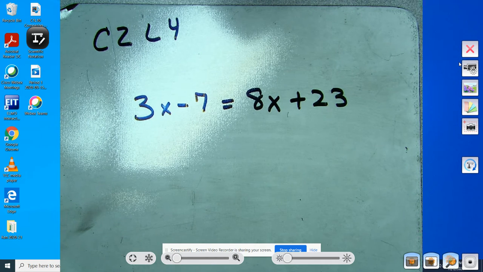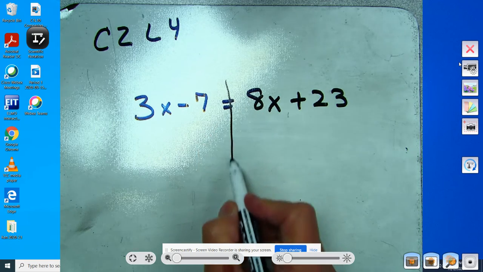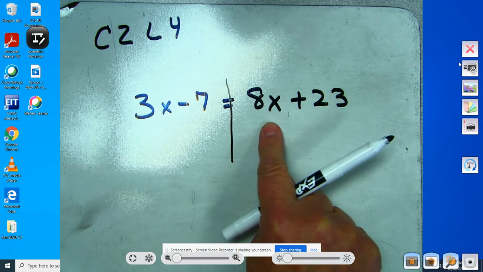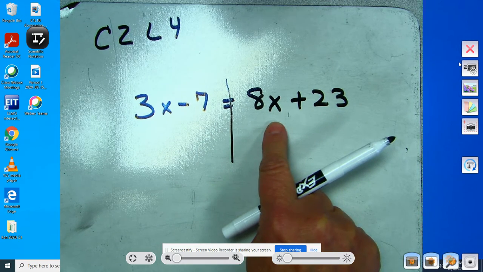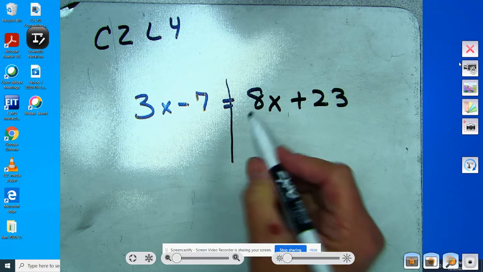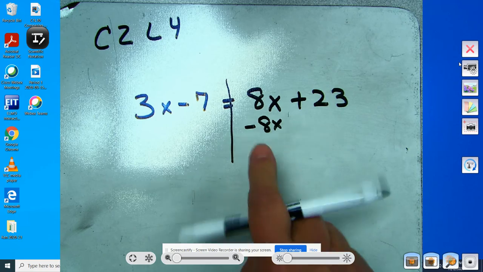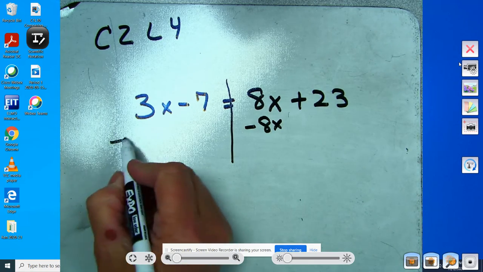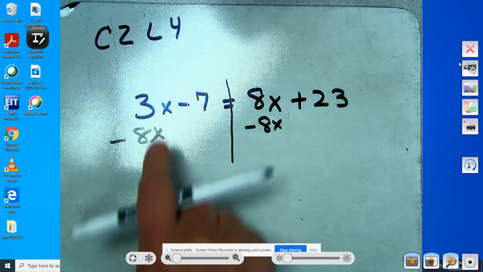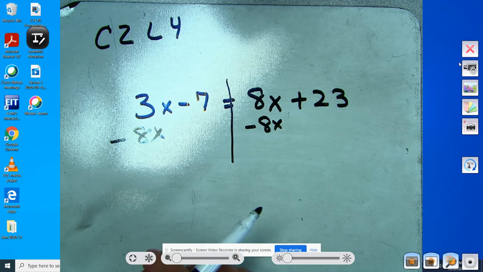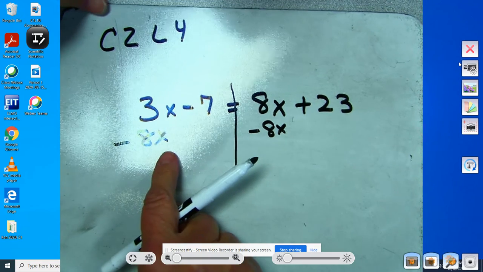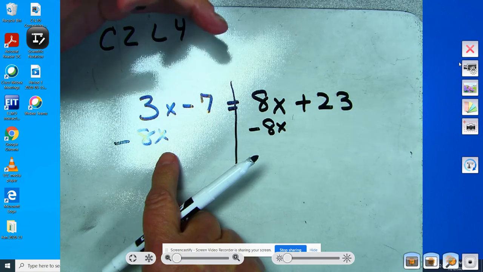So since I like to have my variable on the left, I'm going to find the variable on the right. And I'm going to add the opposite of this number to both sides. And the opposite of 8x is negative 8x. Put one on this side of the fence, I have to put one on this side. And I'm going to put it underneath the thing it looks like. It looks like a variable, so it goes where the variable is.